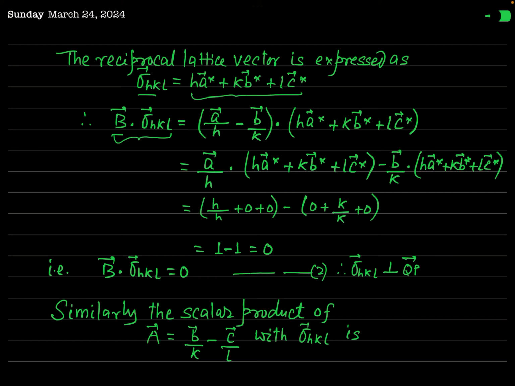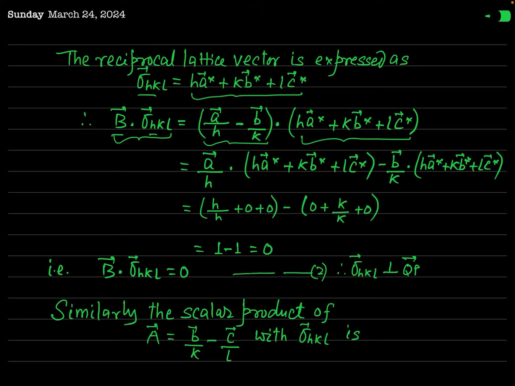So I have taken here the scalar product of B with this sigma HKL. Now you know this B you have obtained: a over h minus b by k, dot sigma HKL, and sigma HKL is this much. Now take the scalar product separately by the two vectors.